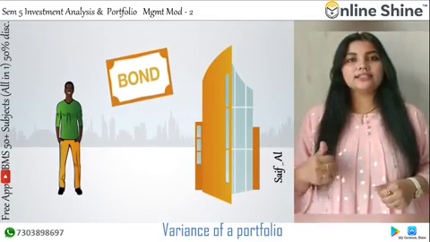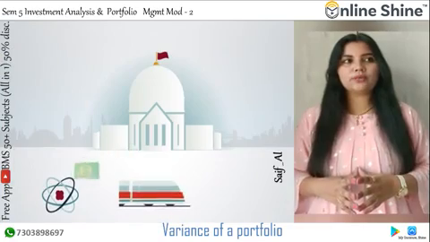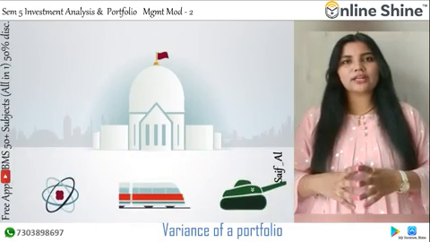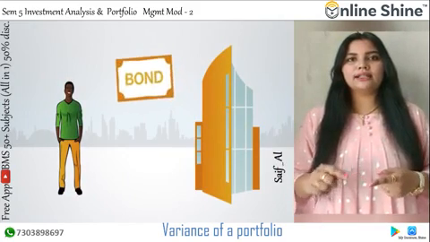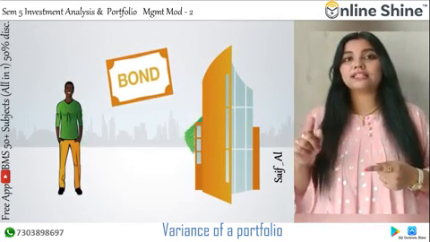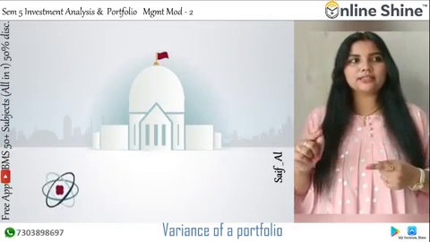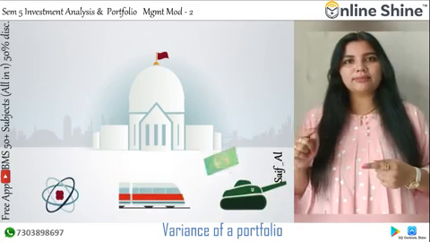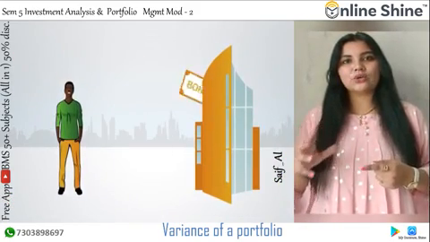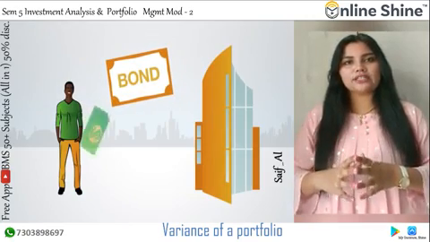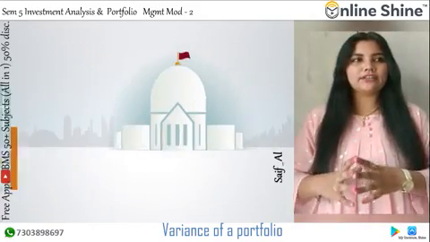Now next is the sum of squared deviations. For this, we will calculate 2% minus 3%, where 3% is the arithmetic mean. So (2 minus 3%) squared plus (3 minus 3%) squared plus (4 minus 3%) squared is equal to 0.02%. So this is the sum of squared deviations.